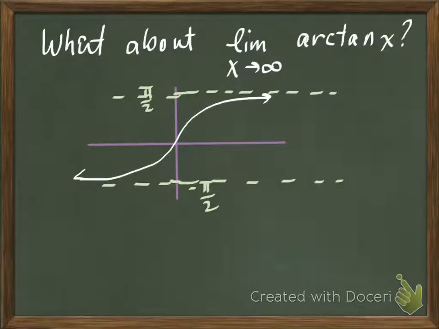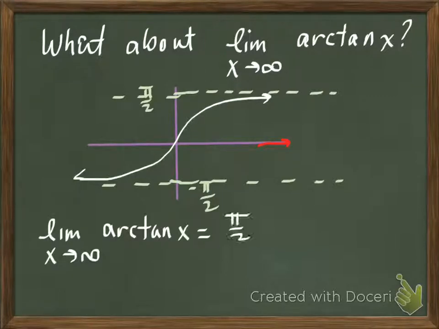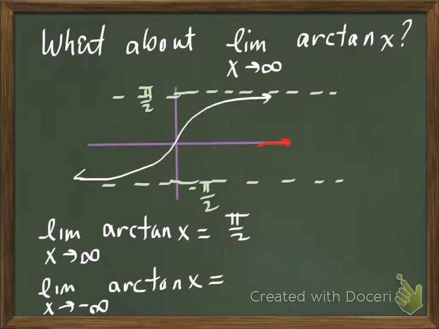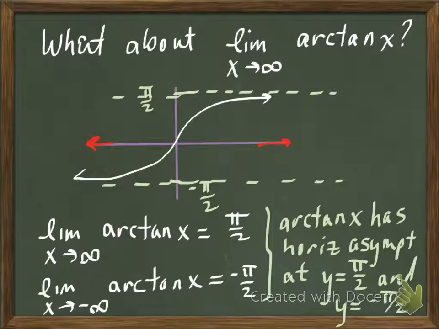As x goes to infinity, the y values on arctangent are getting closer and closer to pi over 2. But as x goes to negative infinity, the y values are getting closer and closer to negative pi over 2. So we would say that arctangent has a horizontal asymptote at both y equals pi over 2 and y equals minus pi over 2.